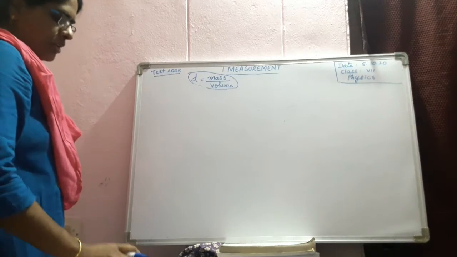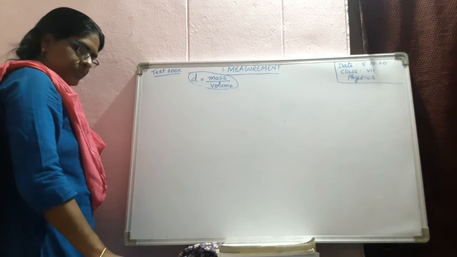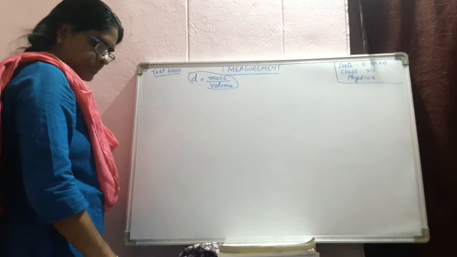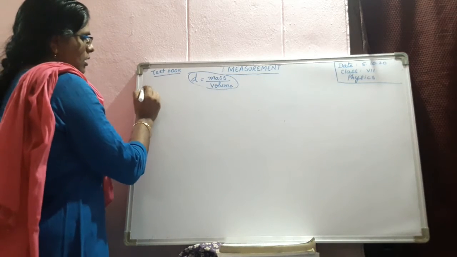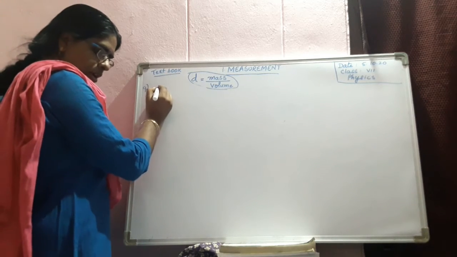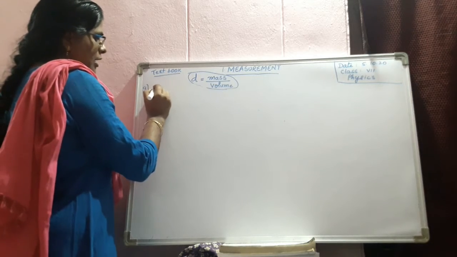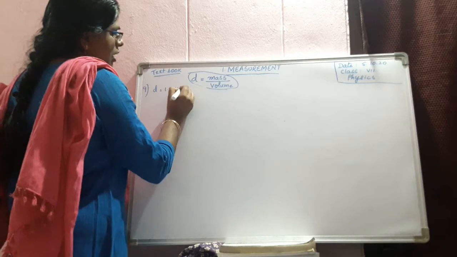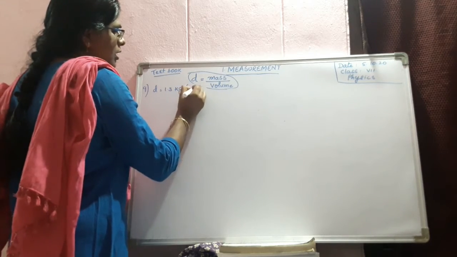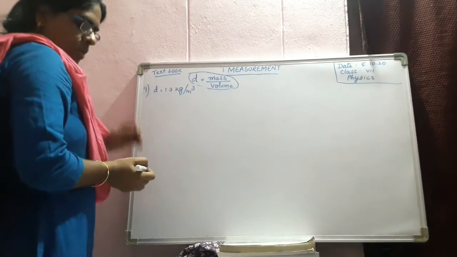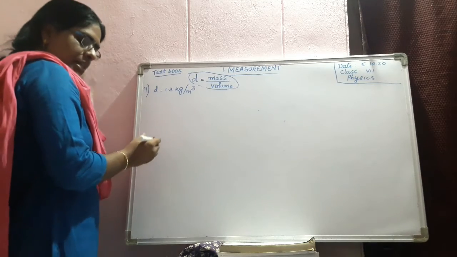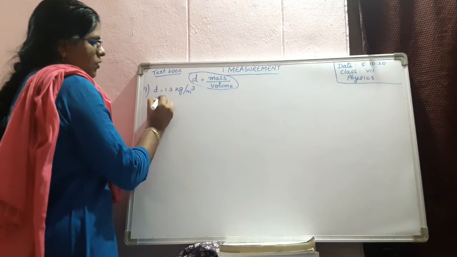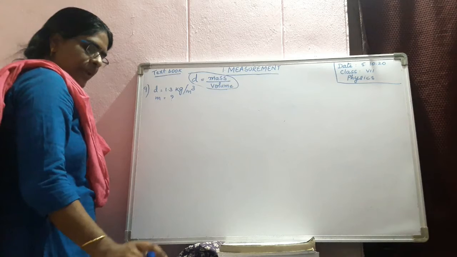Next, look at the ninth one. The density of air is 1.3 kg per meter cube. What mass of air is contained? What do we need to find? Mass we need to find.